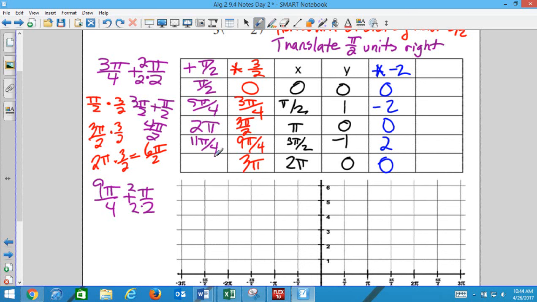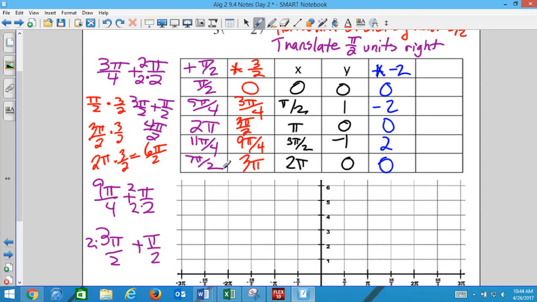Okay, and then the last one, we've got 3 pi plus pi over 2. So I'm going to have to multiply this one by 2 over 2. I'm going to get 7 pi over 2. So I think the hardest part about filling out this table would be if you have some fractions, where you have to add them and find common denominators, okay?